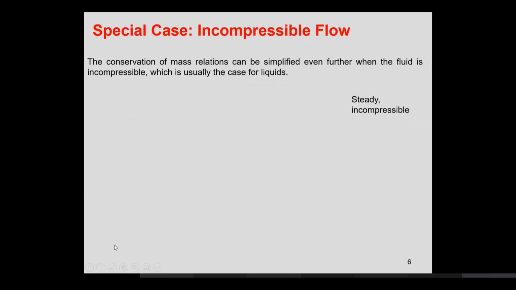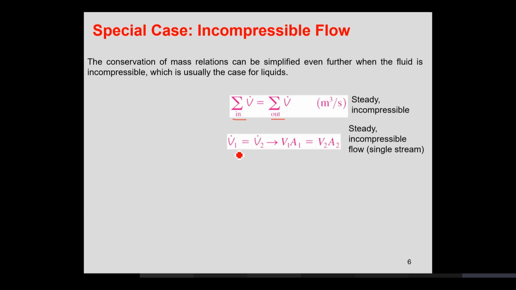In such a case, for steady state incompressible flow, the volume flow rate into the system is equal to the volume flow rate out of the system. Or for a single stream, as I mentioned, you can write the volume flow rate at the inlet, V dot 1, is equal to the volume flow rate at the exit, V dot 2, or V1A1 equals V2A2. Now, this does not mean that volume is a conserved property.